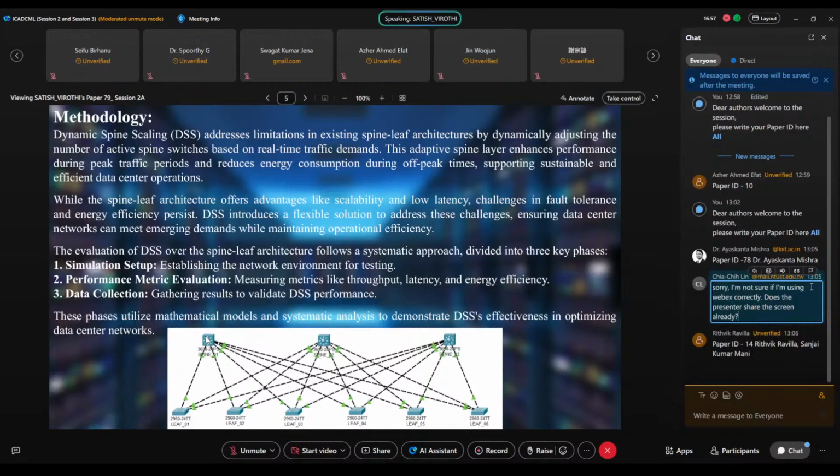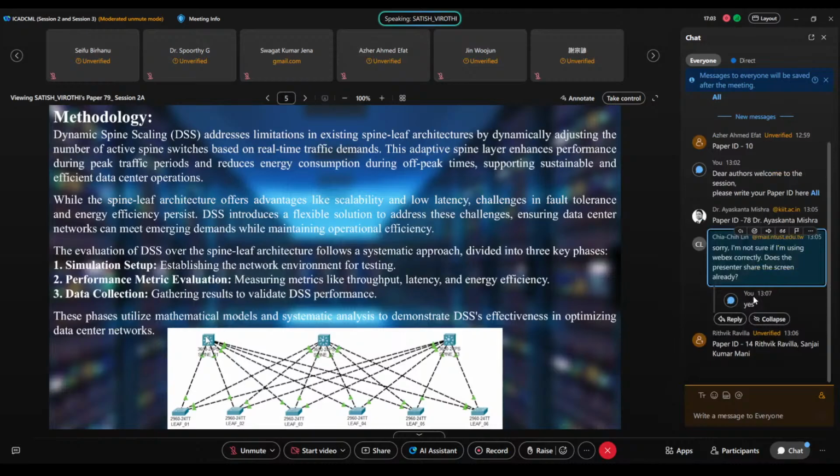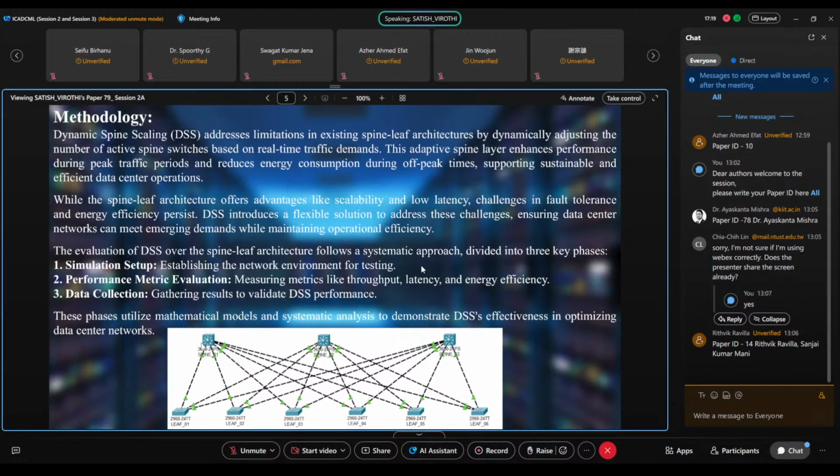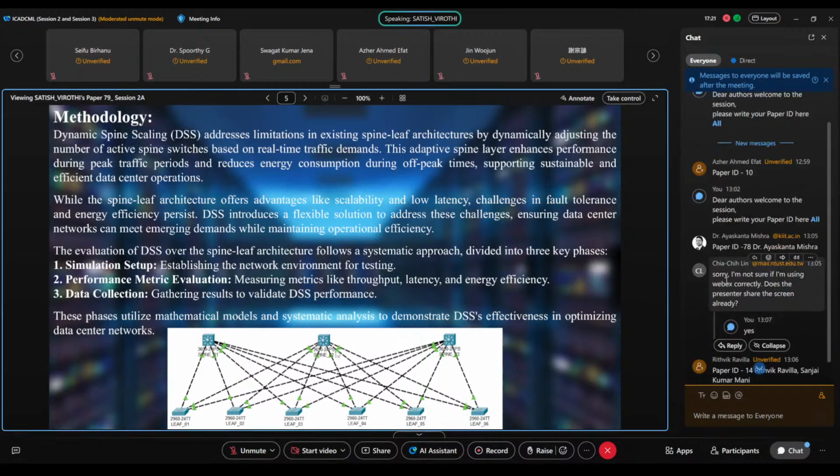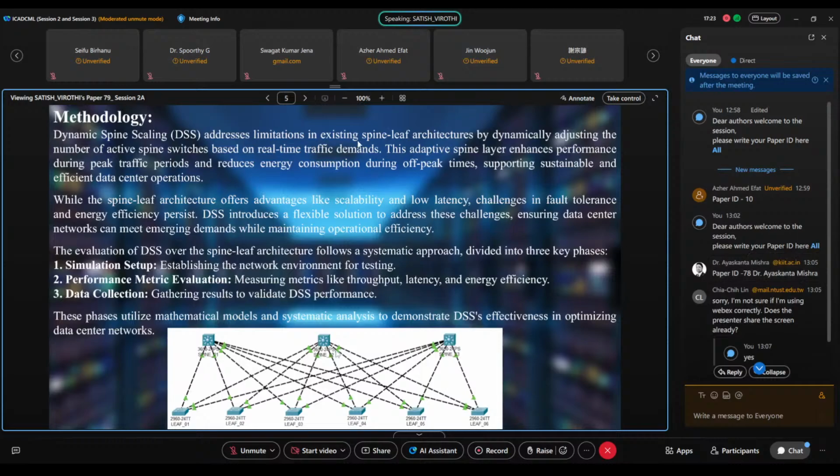What our approach will do is use software-defined networking, and it will calculate the traffic that is flowing continuously. Then based on the traffic flow, it will activate or deactivate switches to save energy. If the traffic is high, then we can activate these switches, and if the traffic is low, we can deactivate some of the switches to make it cost efficient and energy saving.